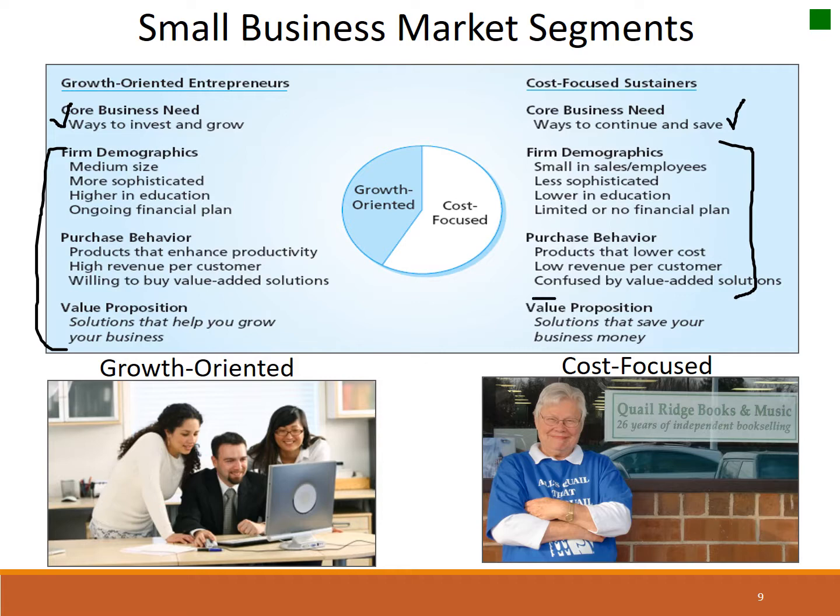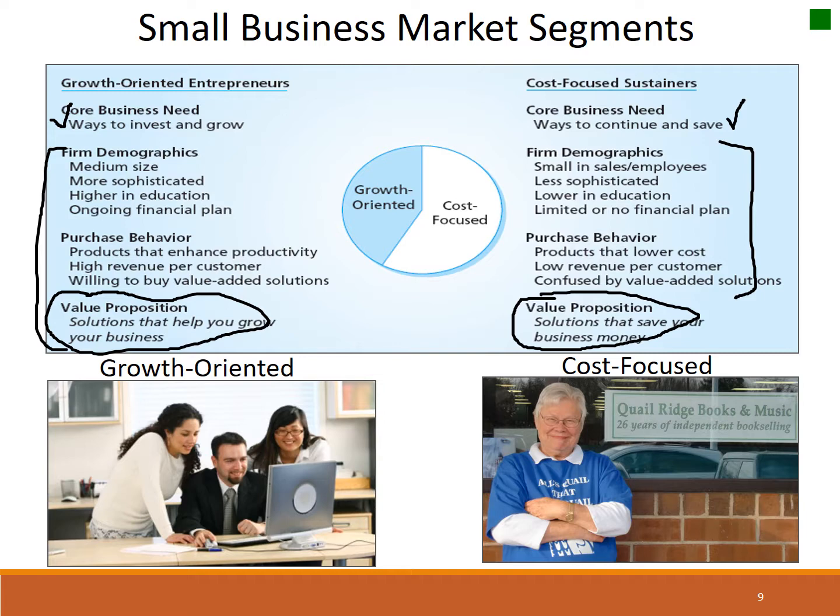The last thing on this page that should be pointed out is the value proposition. Once we identify the type of consumers that we have available to us, the different market segments, one of our goals will be to create a positioned product that satisfies their needs that we've identified.